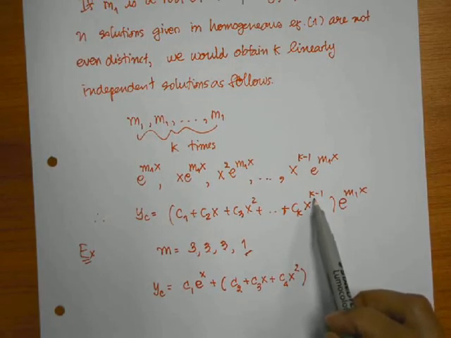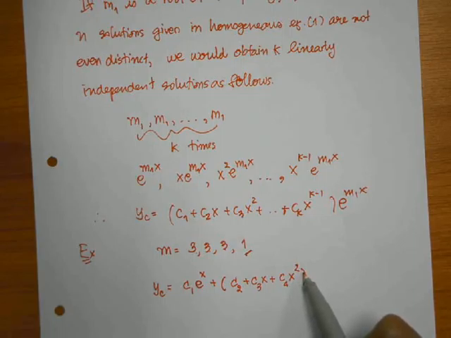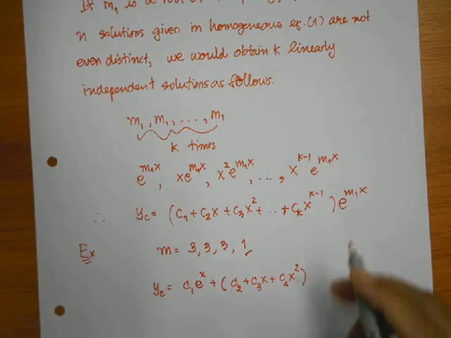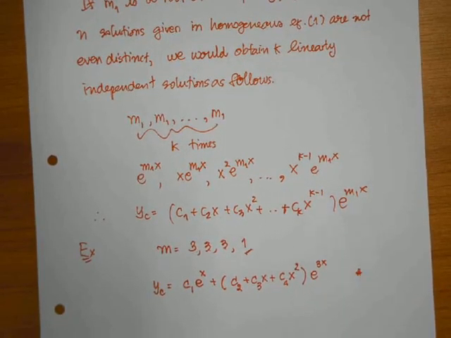Now our k is equal to 3. 3 minus 1 equal to 2. So that's why it ends with this term, x to the power 2. And that's the answer.